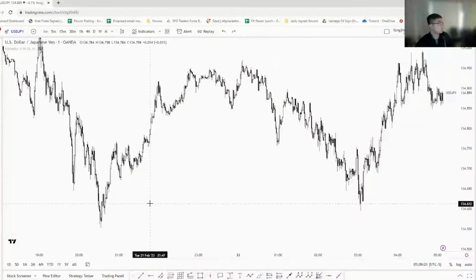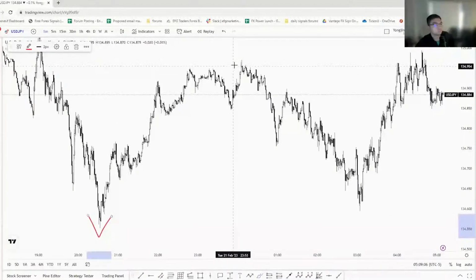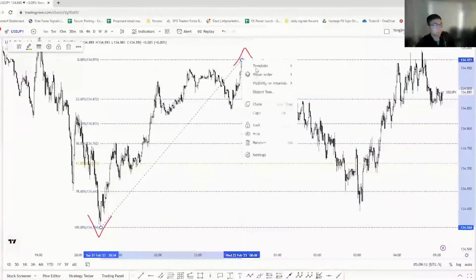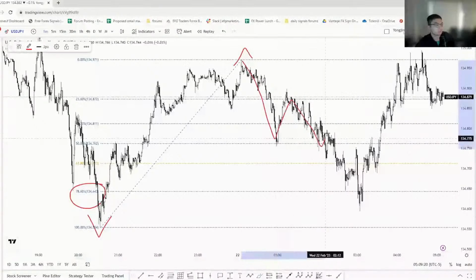So what did I do? I drew a Fibonacci line from the bottom of this low towards the high right there. Price tapped into the 78.6% Fibonacci ratio, and price continued going down.